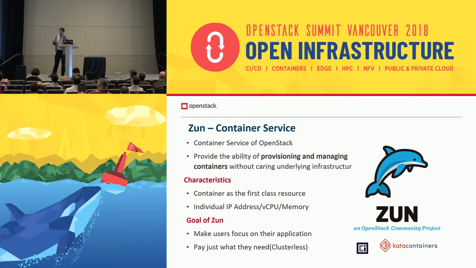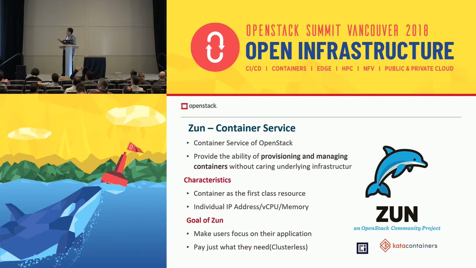The container will have network support and an individual IP address, just the same as VMs. And users could allocate virtual CPU, memory, and other resources such as PCI pass-through or other attributes to these containers.